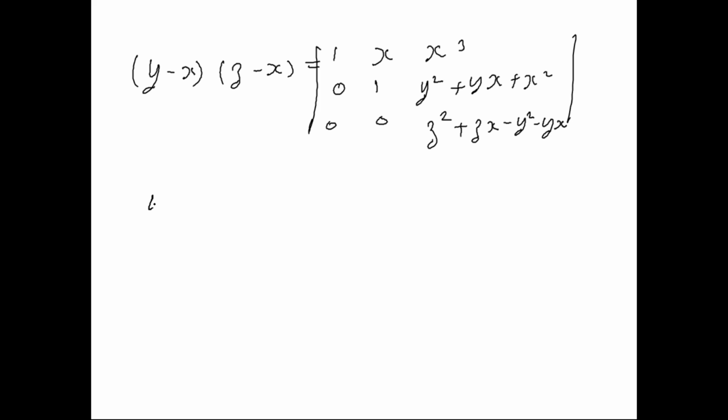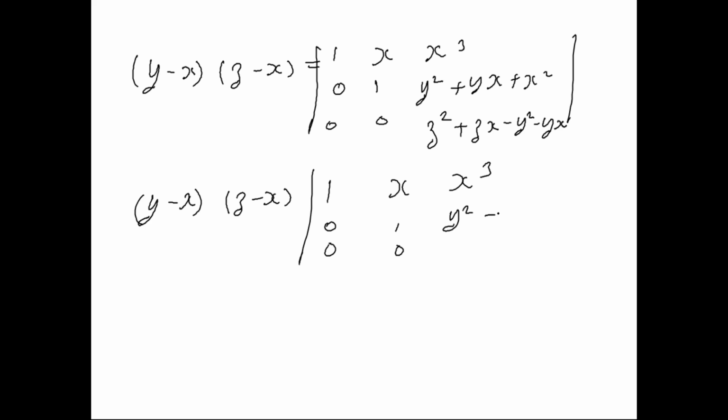Okay, so I can factorize the last one. 1, x, x cube, 0, 0, 0, 1, y square plus yx plus x square. I can take z common from here, so this will become z plus x. I can take y common, this will become y minus x.